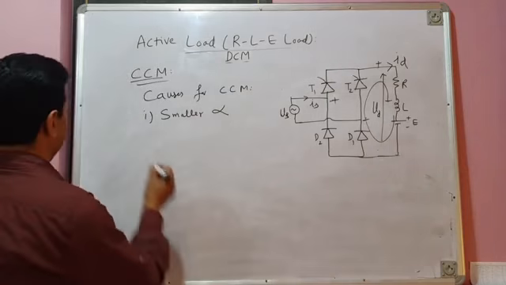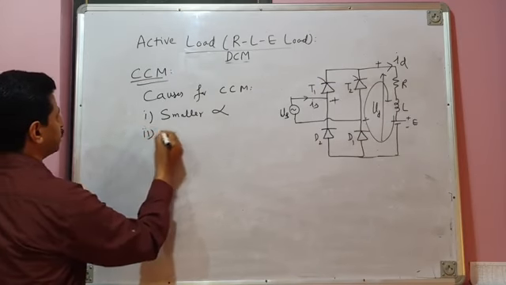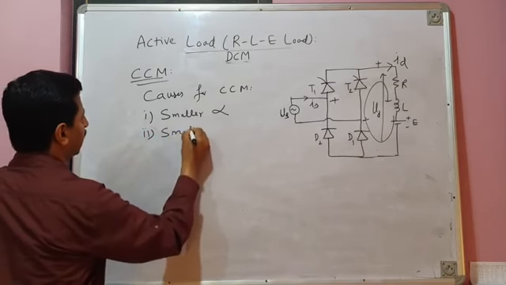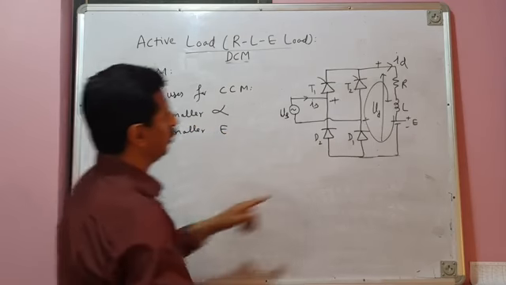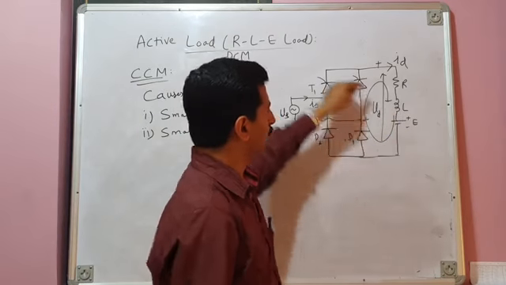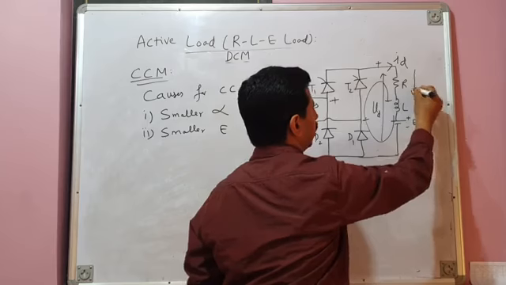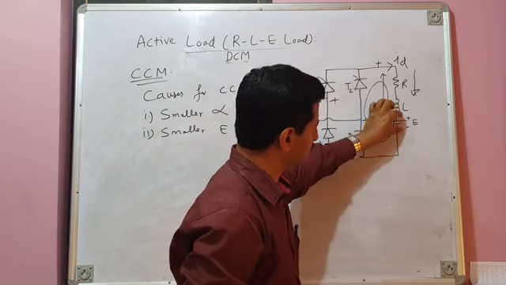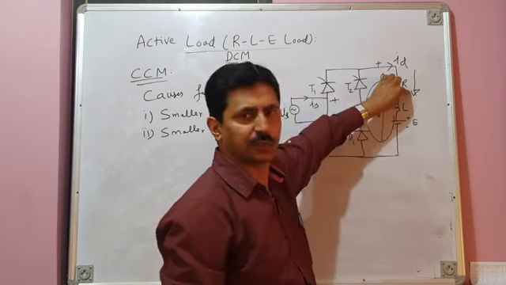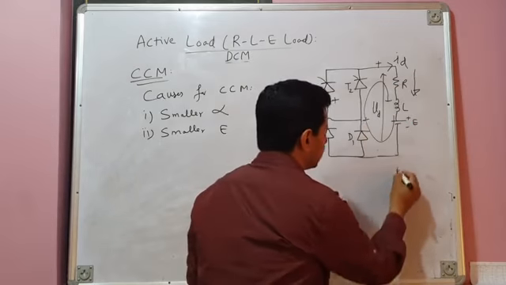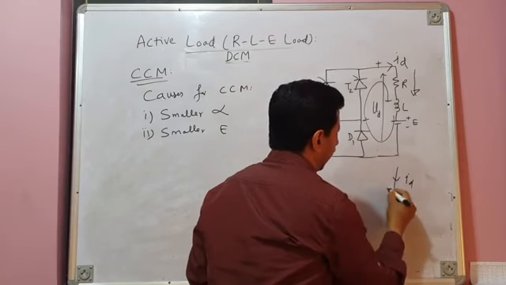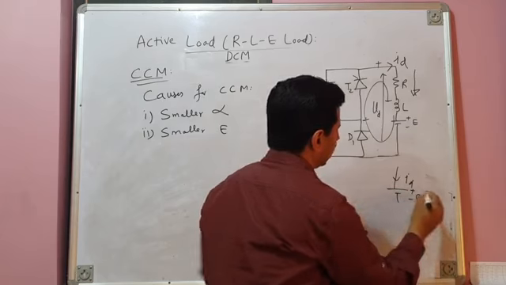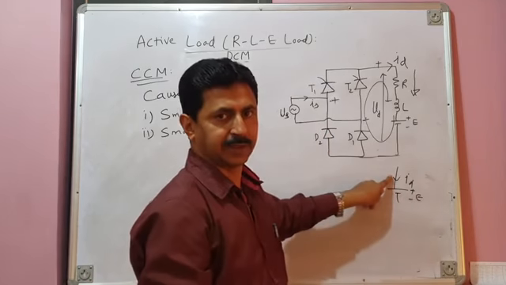Another reason could be smaller E. The load has its own EMF. When load current ID flows from top to bottom, and E has this polarity, E always opposes the flow of current.